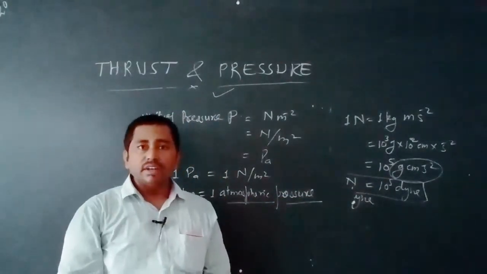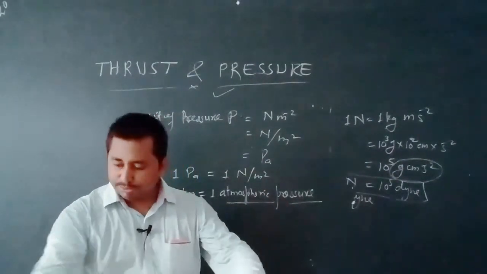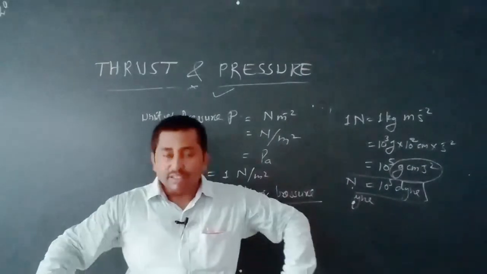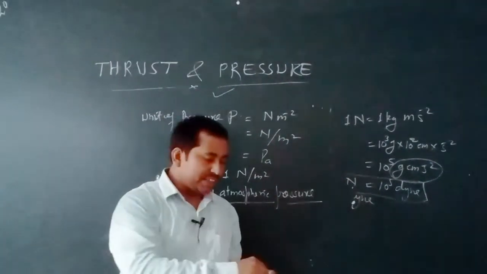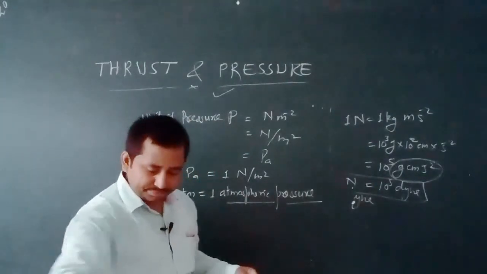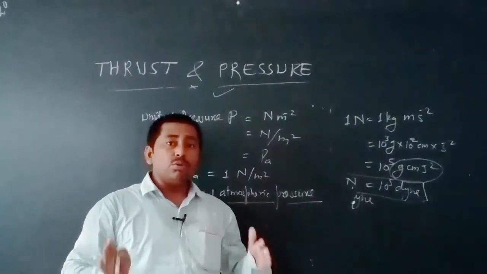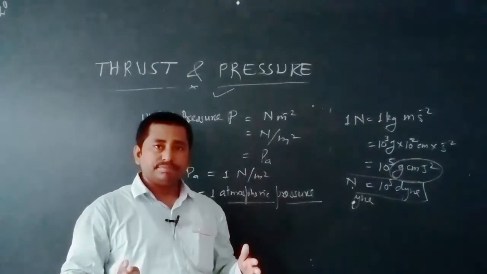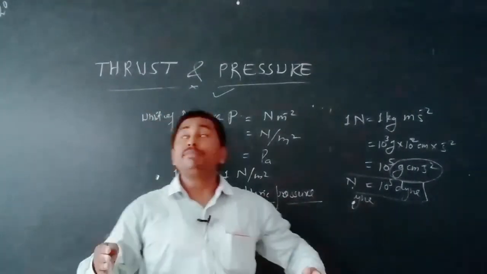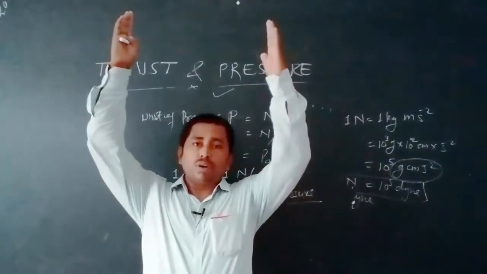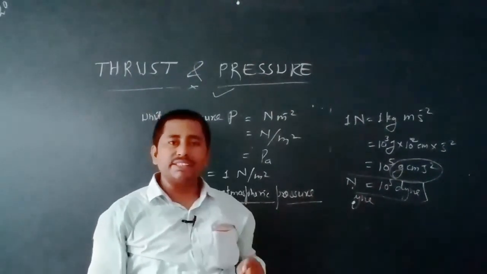Suppose we take 1 meter length and 1 meter breadth of a square plane, a 1 meter square plane. Then what will be the total weight of the air contained above this plane if we go vertically upward up to the last of the atmospheric region?